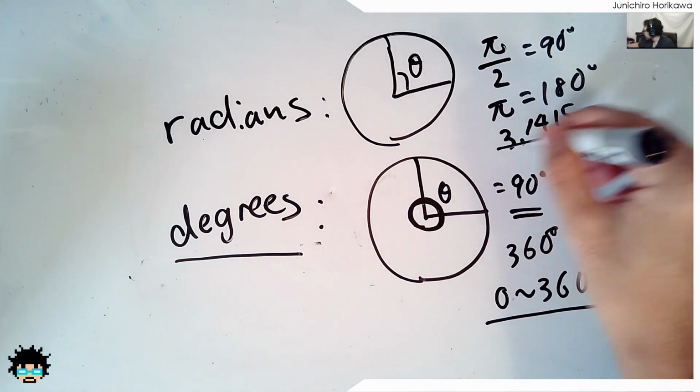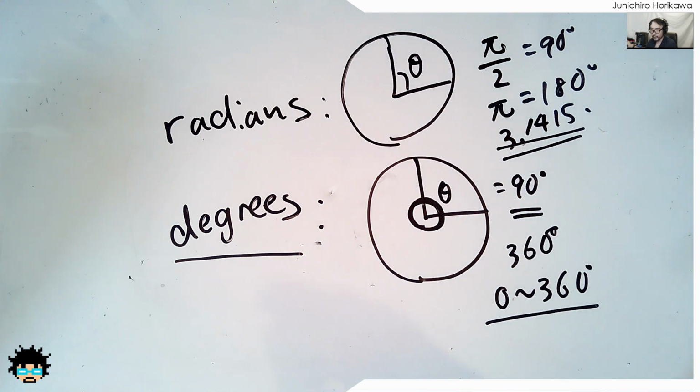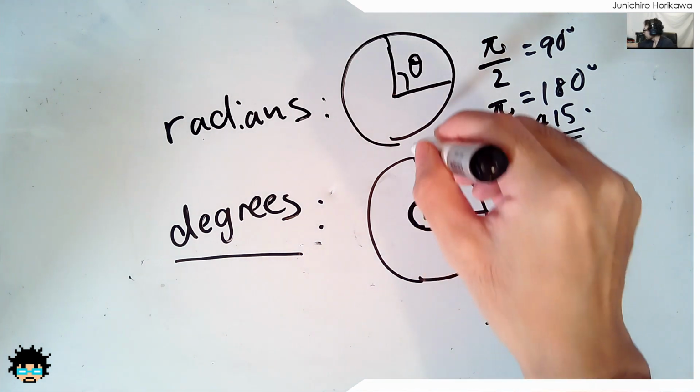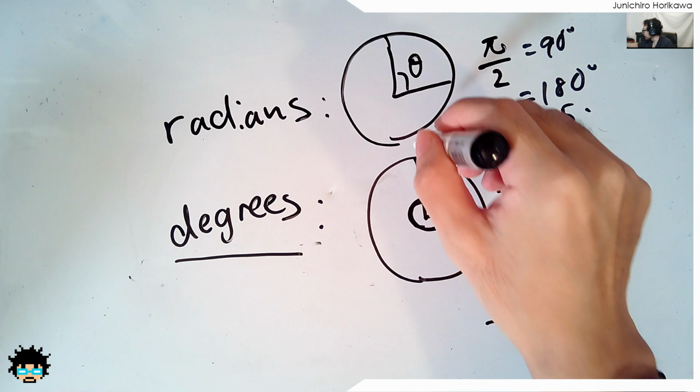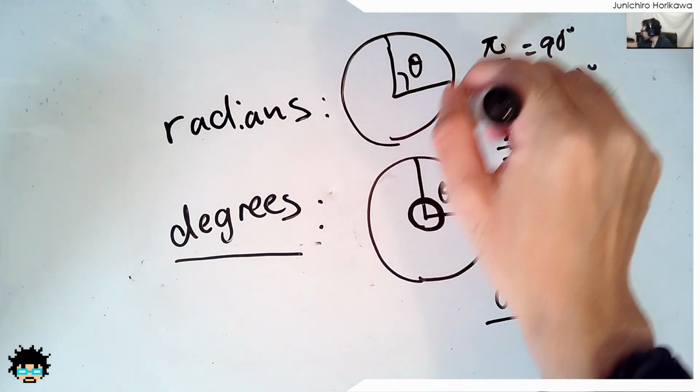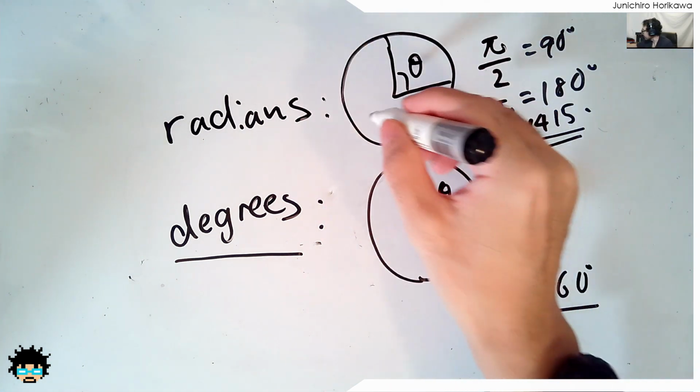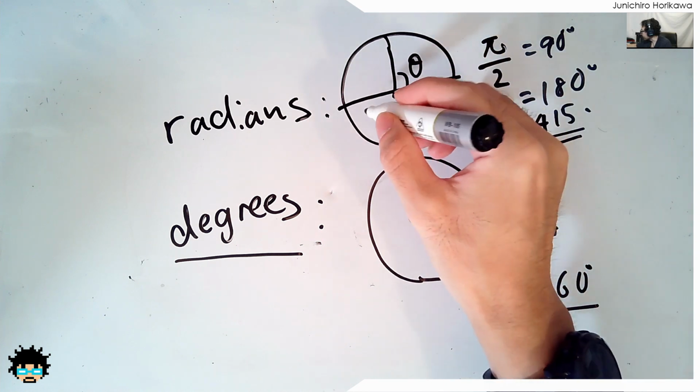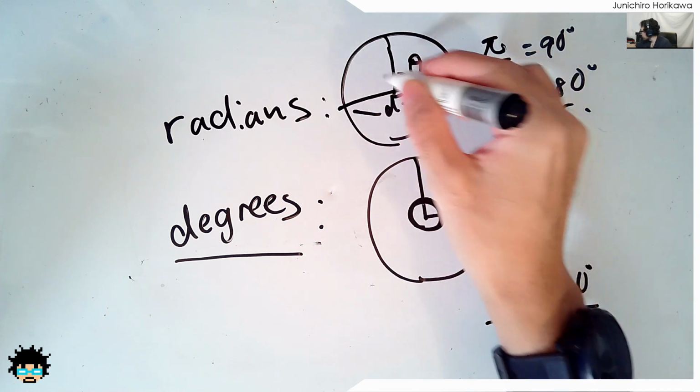And this value comes from a calculation: the length of the circle divided by the diameter of the circle.